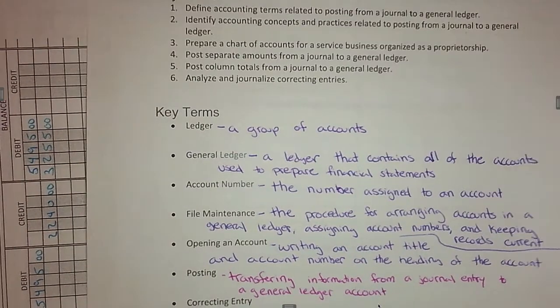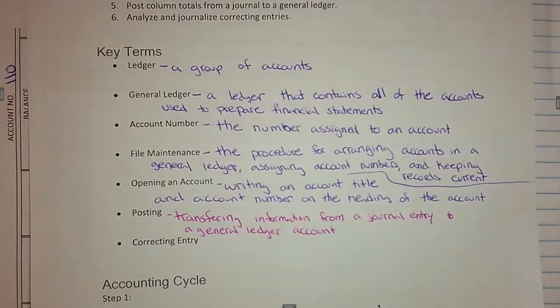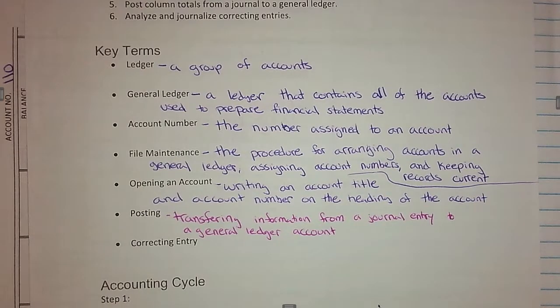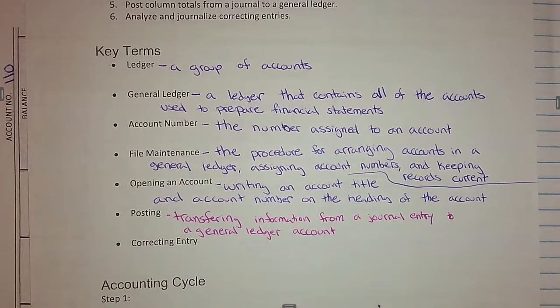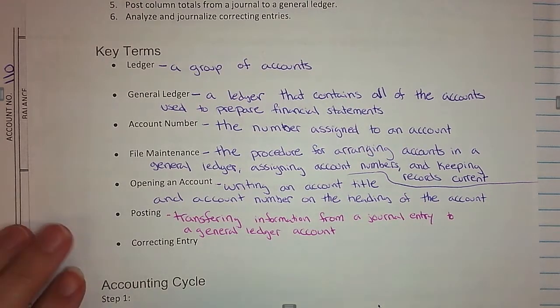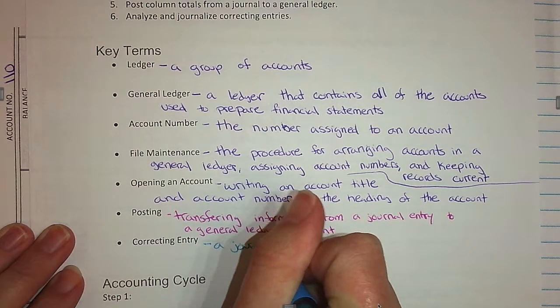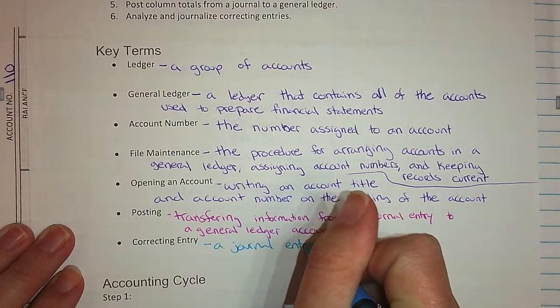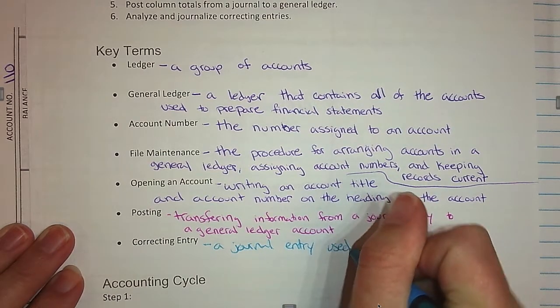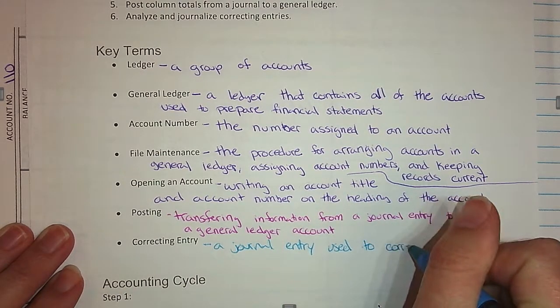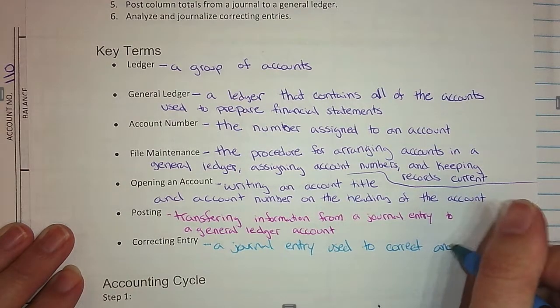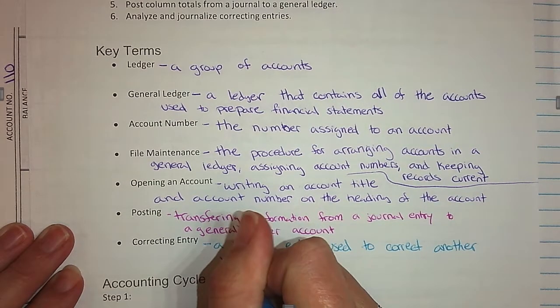When you make an error and you find it after posting, you're going to do something called a correcting entry. A correcting entry is a journal entry used to correct another journal entry.